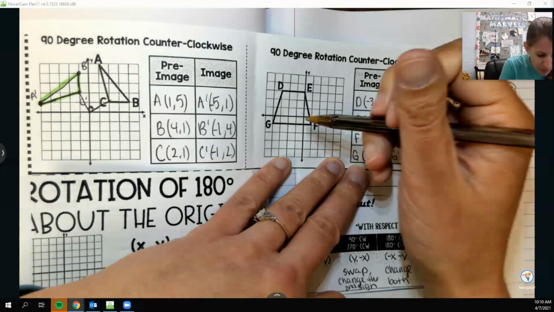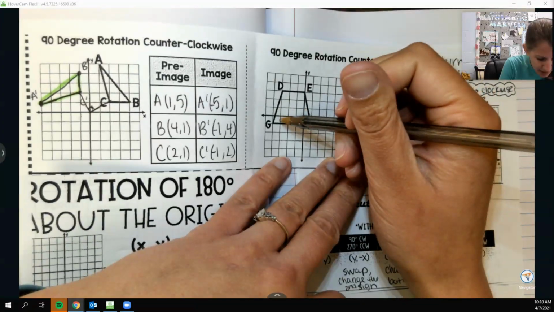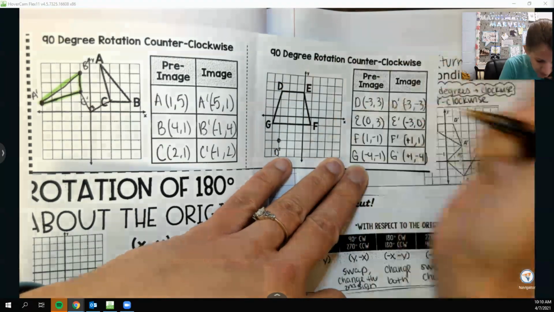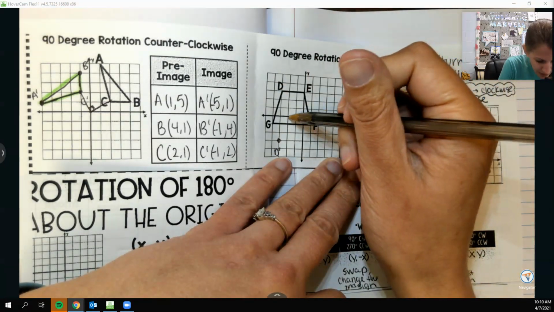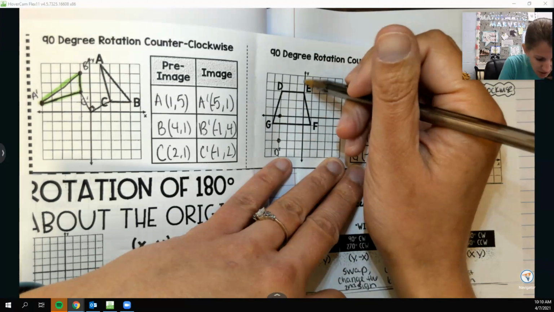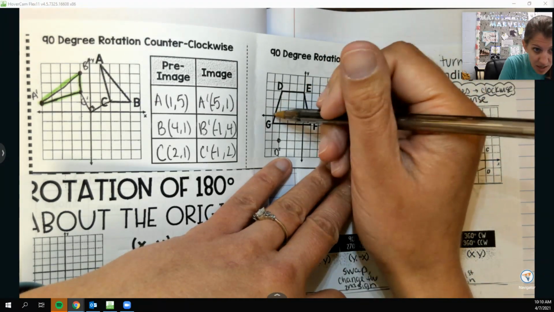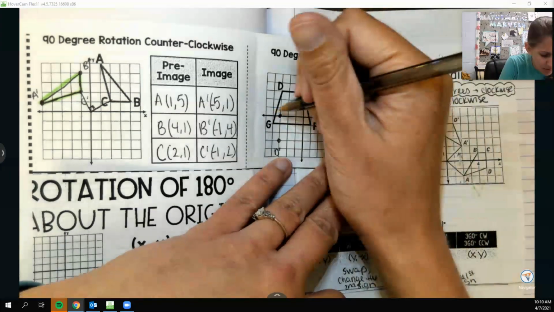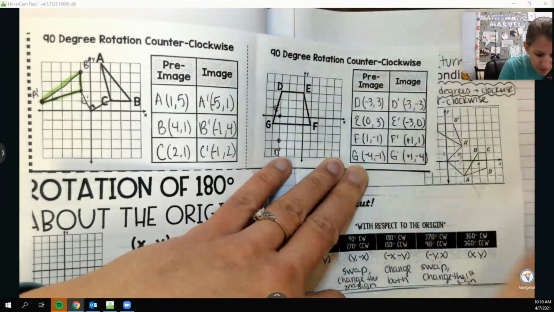So D prime will be at (-3, -3). E prime will be at (-3, 0), which I feel real good about. It was on this axis and now it's one axis over. So again, 90 degrees. That feels good and makes sense.